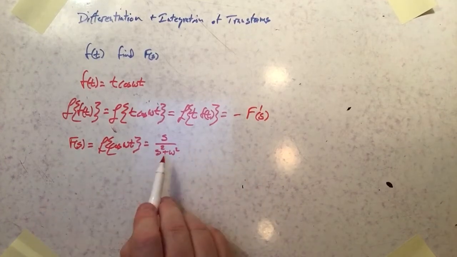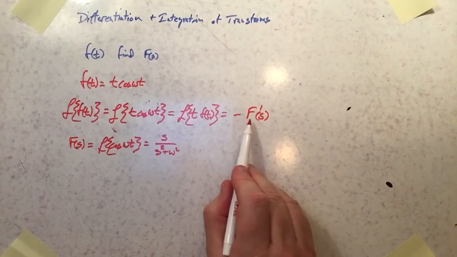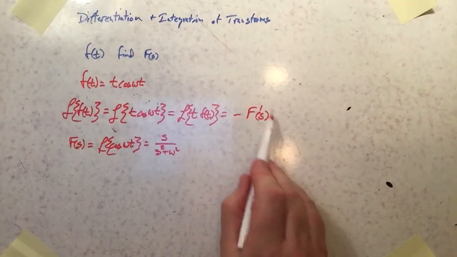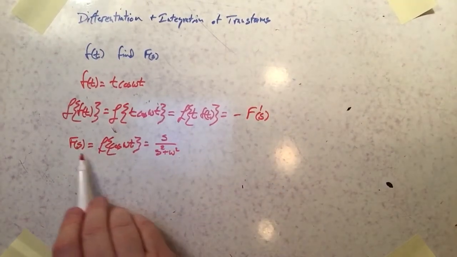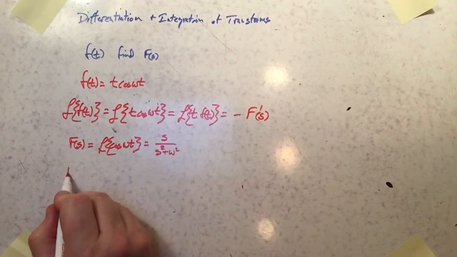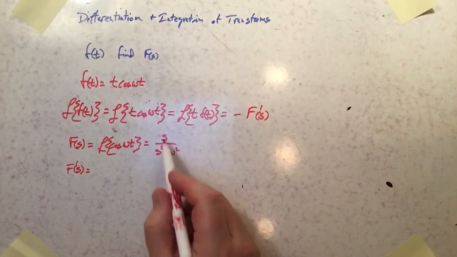Now, that's not the answer. Remember, the Laplace transform of t f of t is going to be the negative of F prime of s. In order to find F prime of s, I need to take the first derivative of this with respect to s. And unfortunately, it's a quotient rule, and they're not always the easiest.